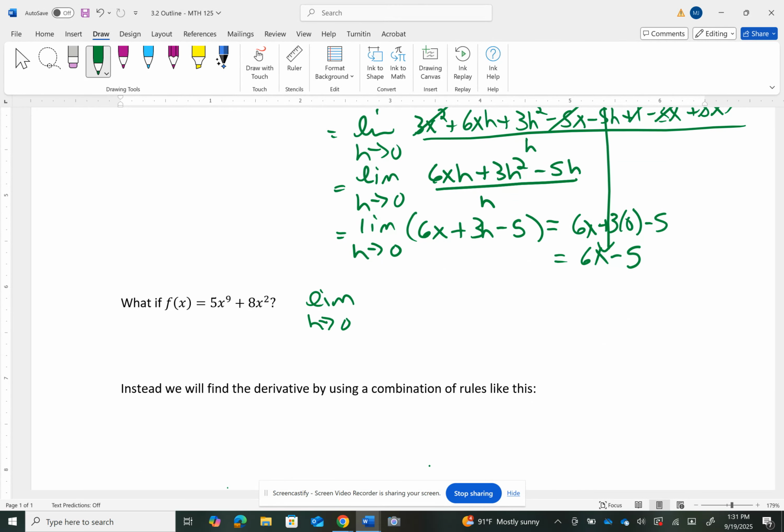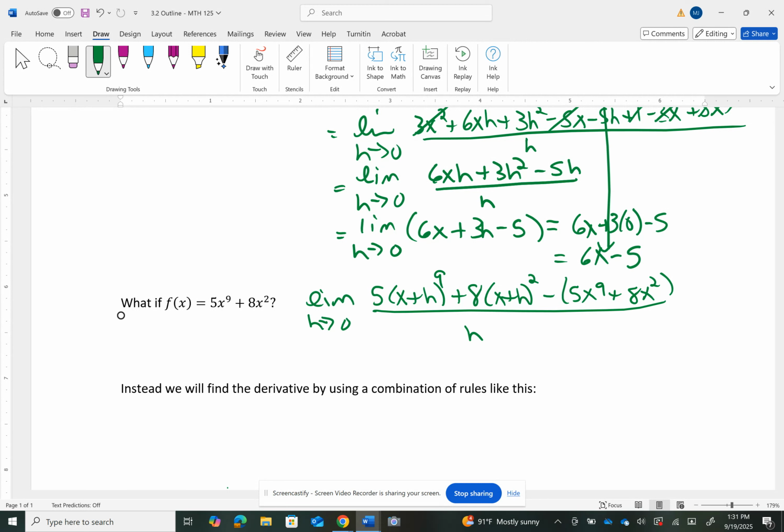We would have to wind up finding and simplifying the difference quotient, which would be practically impossible. Because taking that x plus h to the 9th power, while I could do it, it would take me forever. So instead, we notice some patterns and are able to shortcut the process.